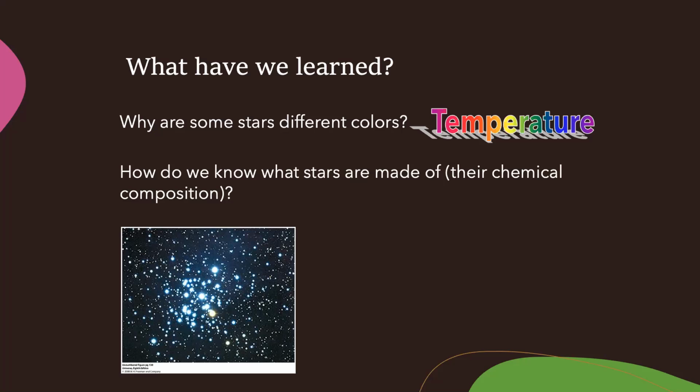Well, what about the next question? Right? How do we know that some stars are made of this material and some stars are made of that, or combinations? Right? How do we know these objects that we've never been to, yet we know what they're made of? How is that possible?